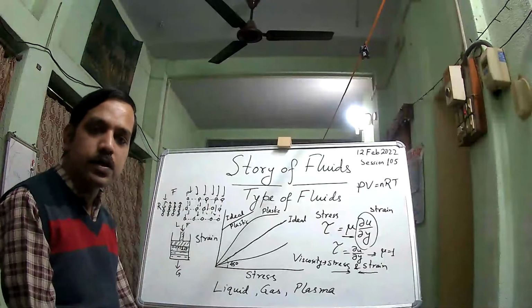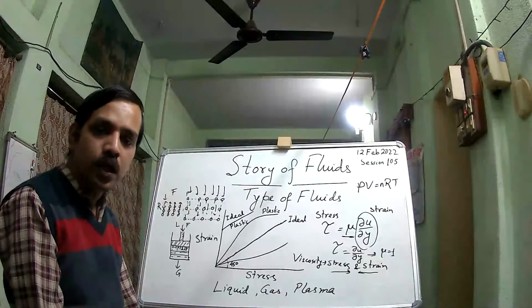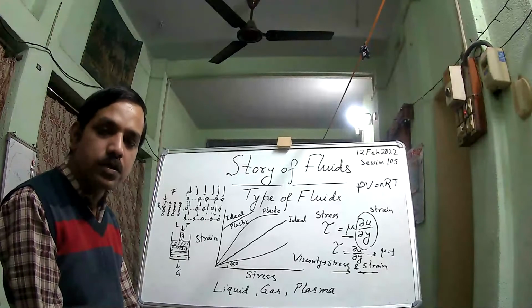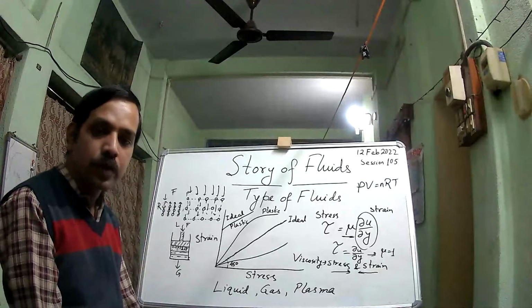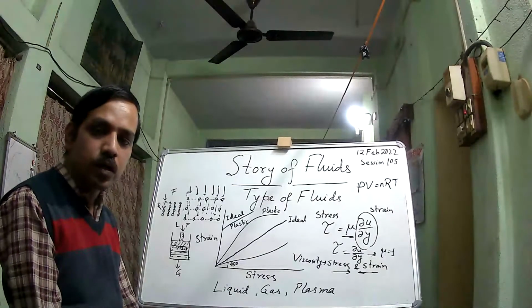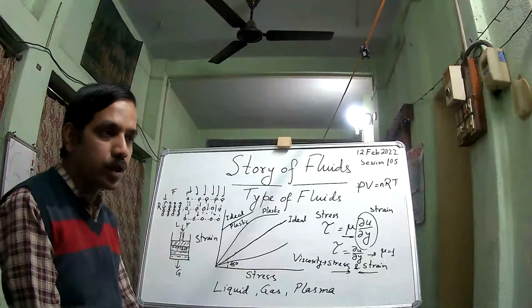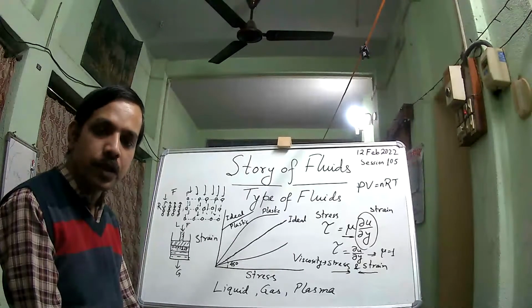These dilatations are very much possible, and that's why the movement of fluids is smoother than the movement of solids. So we'll talk about that, and we'll do some very interesting numerical problems on fluid statics. That will be covered in the next class.